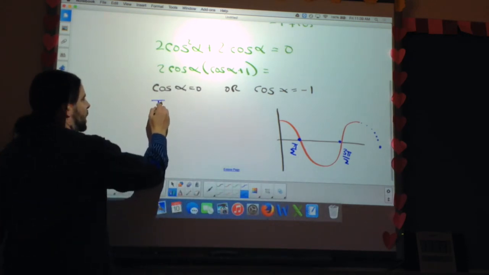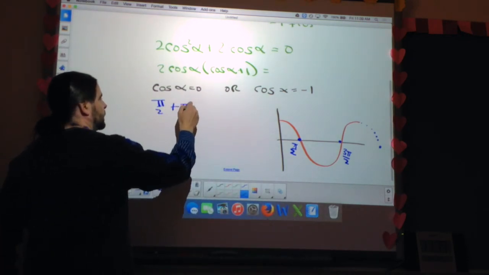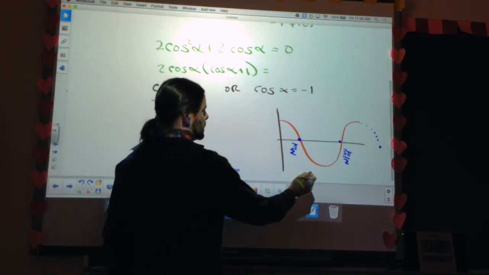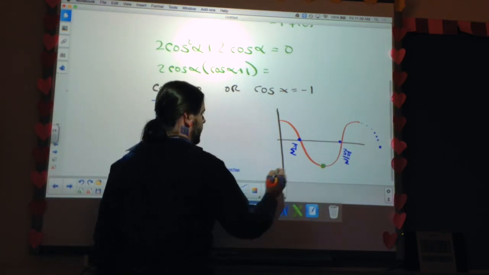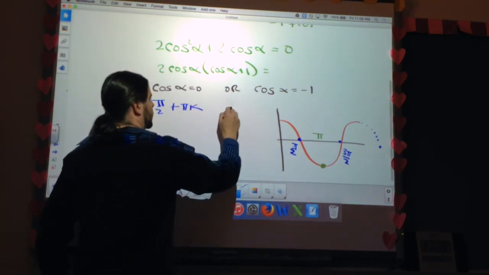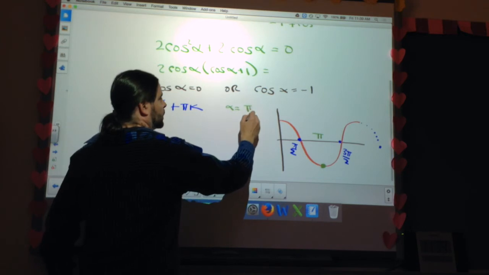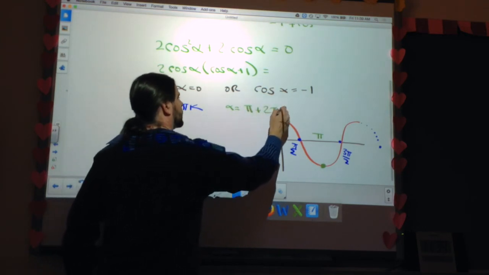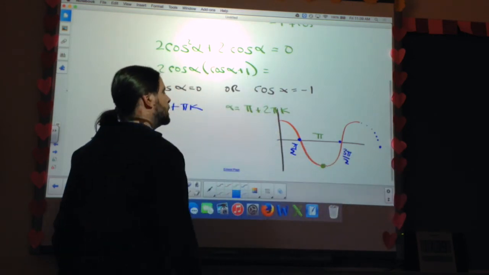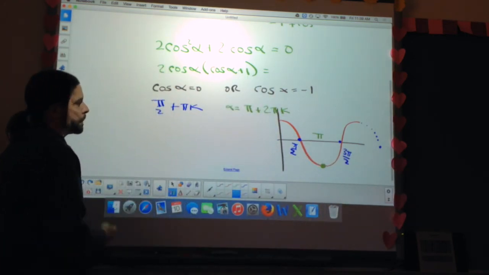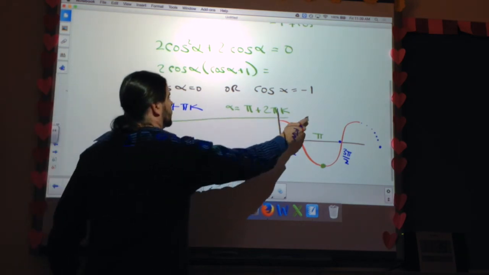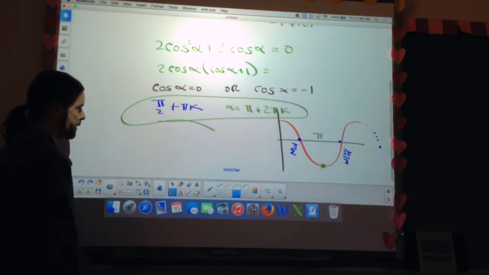So I'm going to say this is pi over 2 plus pi k. And where is cosine -1? It's -1 down here. That is at pi. So I'm going to say it's that alpha is pi plus 2 pi k. Because I'd have to go around the circle again entirely to get to another -1 value. And there you go. Those are all the solutions.